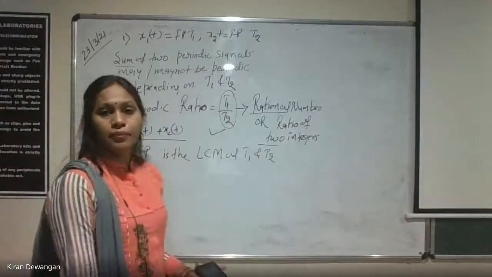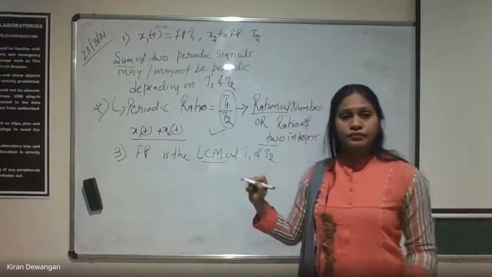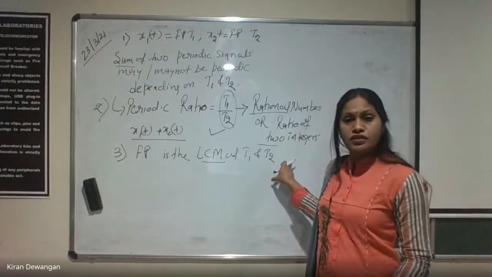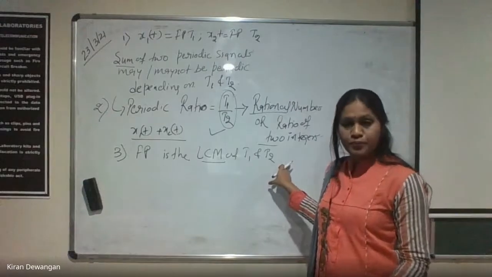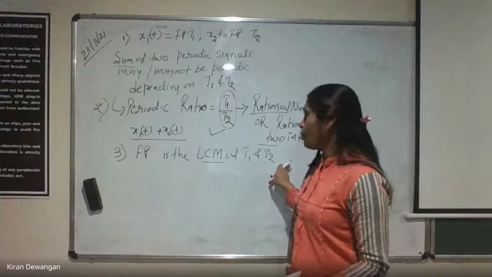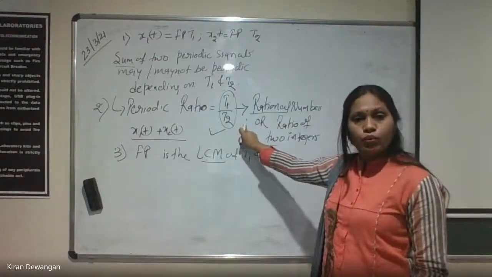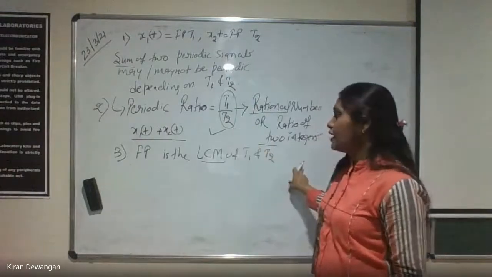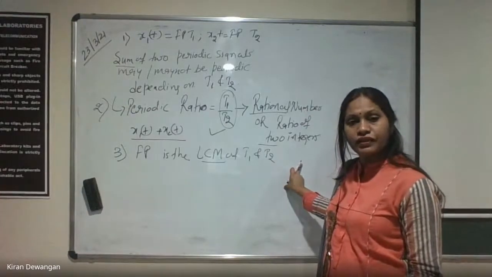What is LCM? LCM of T1 and T2. What is LCM? Tell me first. Yes, students, what is LCM? Least common multiple. Correct. It's the least common multiple of T1 and T2. मतलब अगर 3/4 हुआ, then what is the fundamental period of x1(t) plus x2(t)?